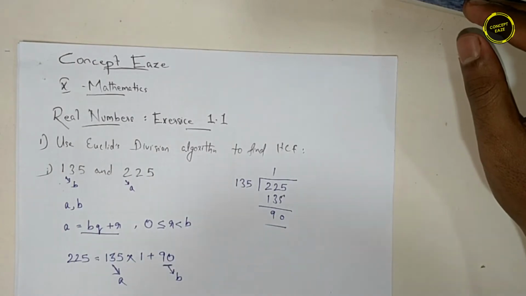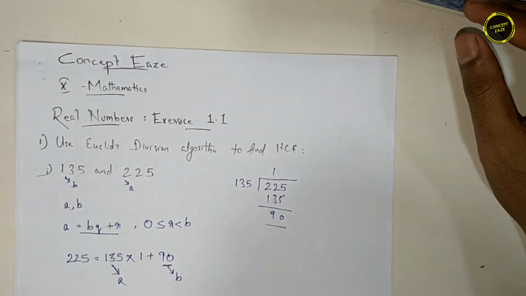So do learn from this one which I'm solving, and try the remaining two sub-questions yourself, and please do comment below if you get stuck somewhere. I will be very happy to help you guys.